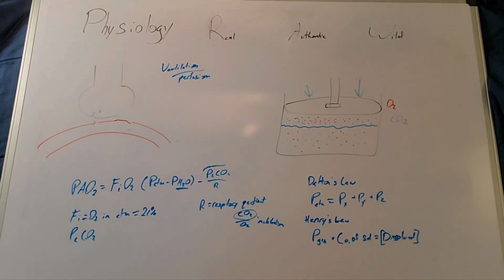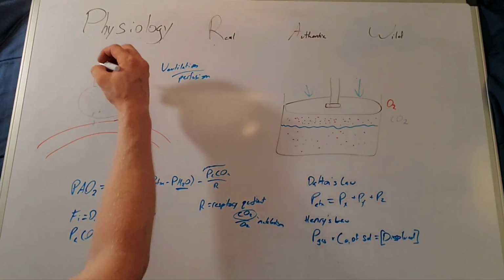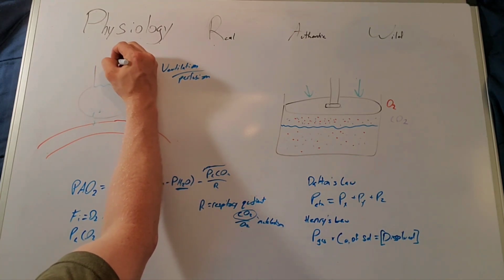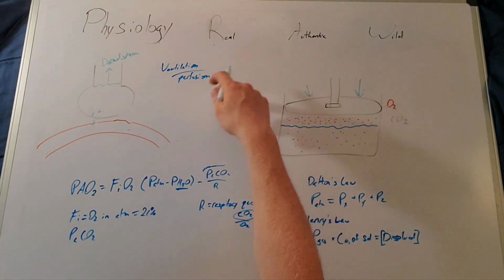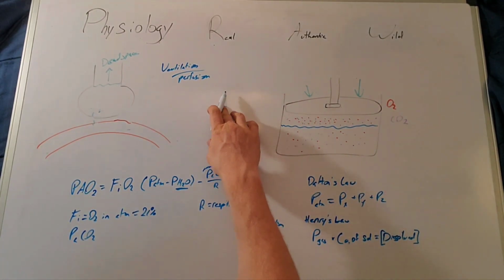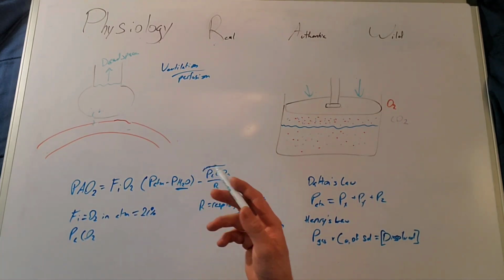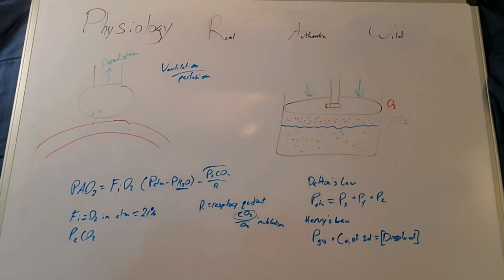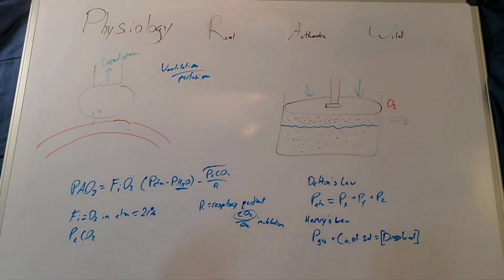So there's a concept of dead space. Anything above here is dead space, and that will stay the same no matter how much we breathe in. So if we breathe in 500 milliliters of air, 200 milliliters of dead space will still be there. Or if we breathe in 700 milliliters of air, we're still going to expect that 200 milliliters of dead space.